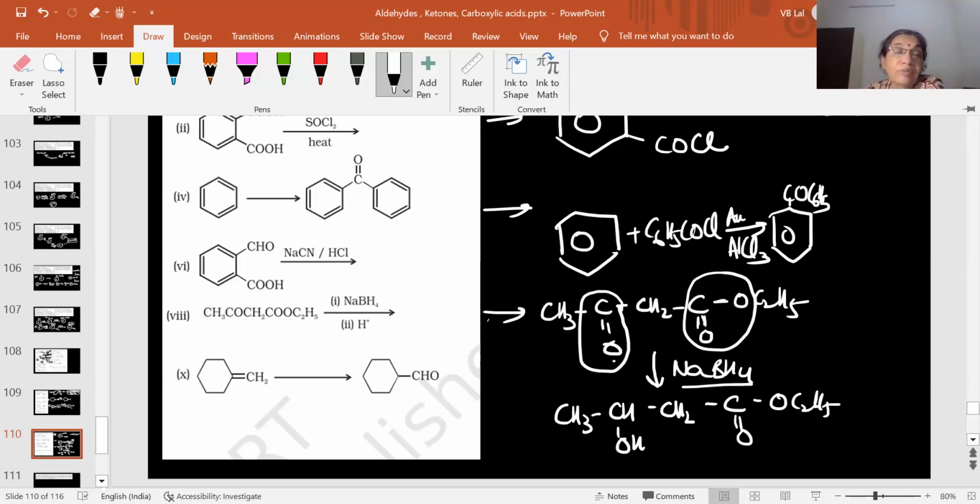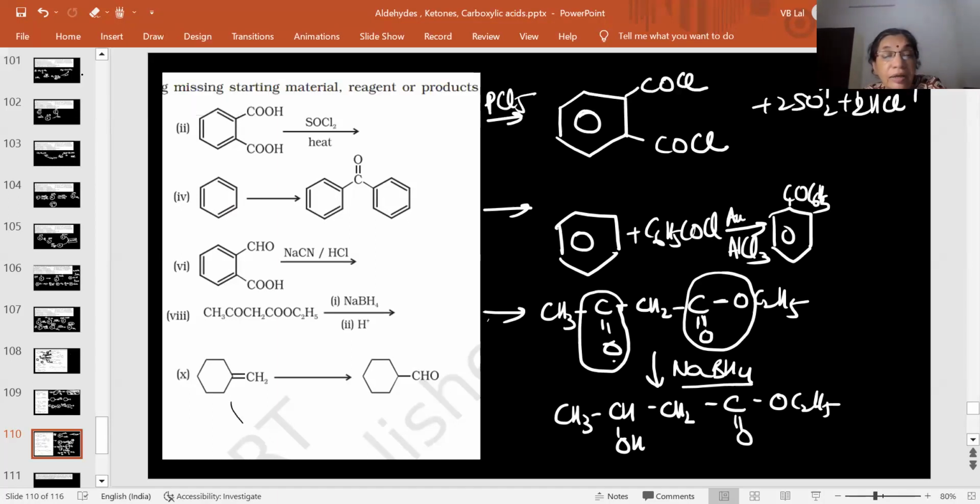How will I add water? Here, if I add it to the C, the H will come in the middle. I can't do that. I need to add OH here and H here.